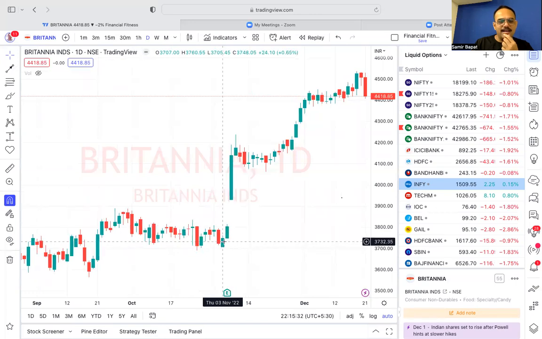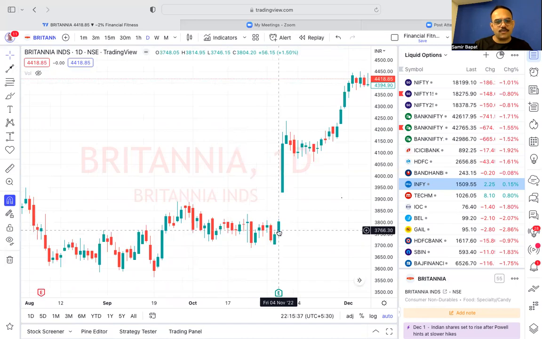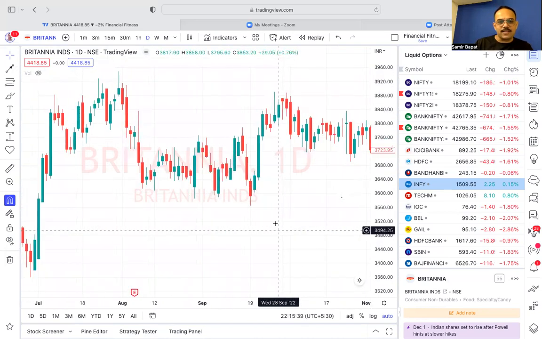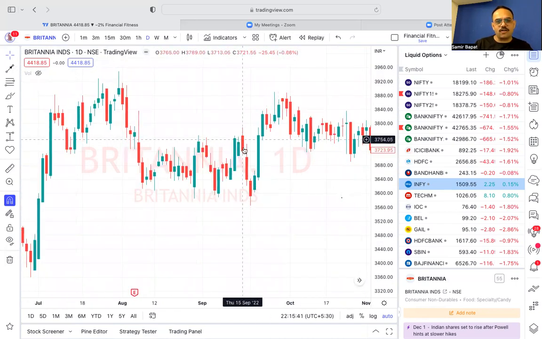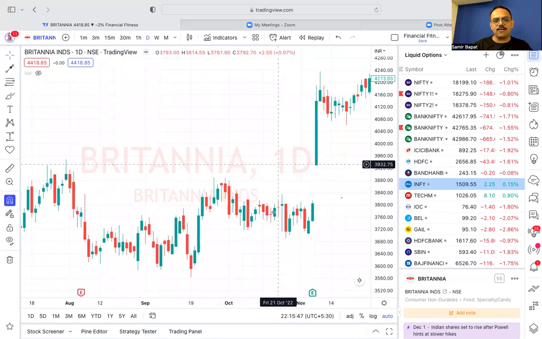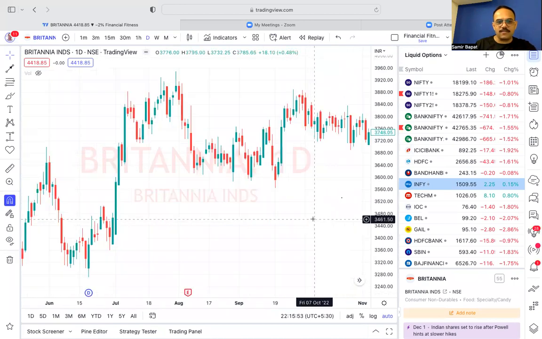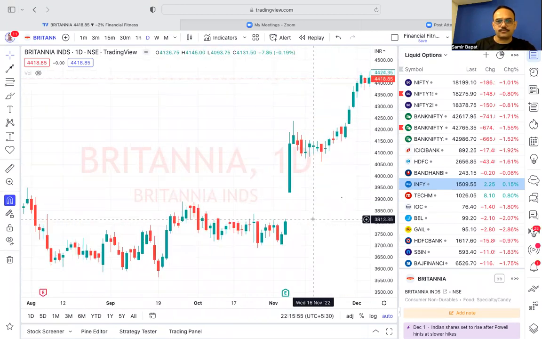I need a red candle. One is the red candle and some downtrend. See something like this. This has gone down, yes, of course, it is not a very good downtrend, and then this happens. Here it is almost flat, and this is a green candle, and this is a green candle. So this will not work the way we want.